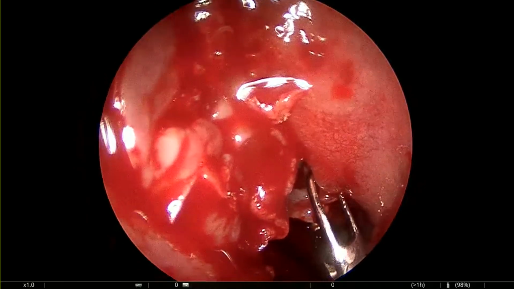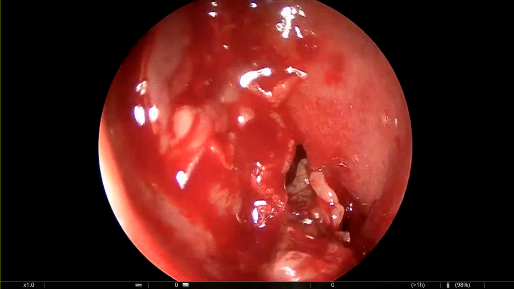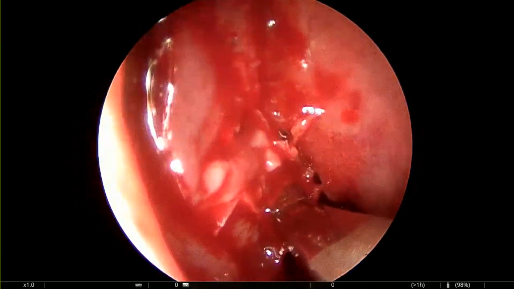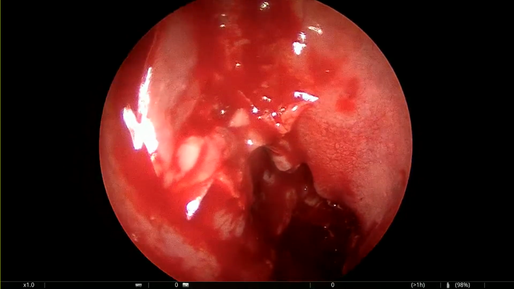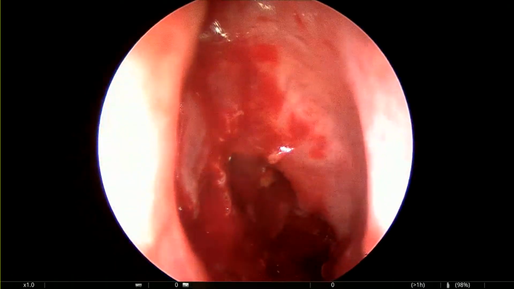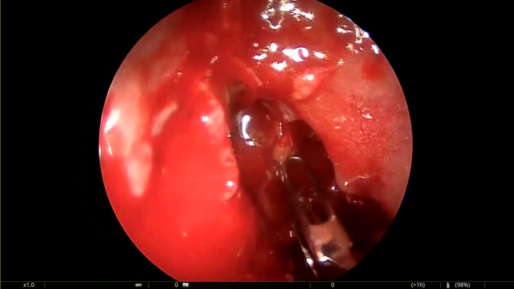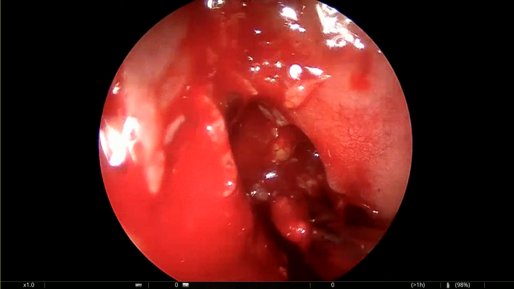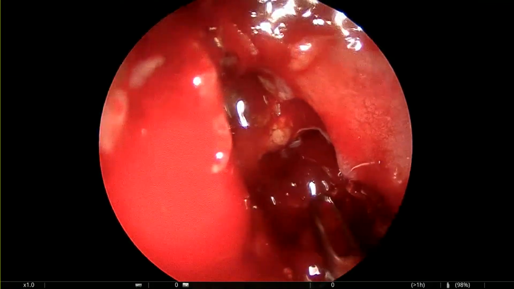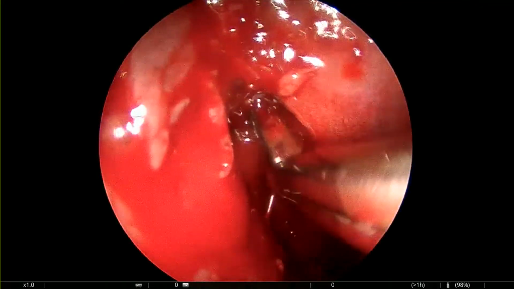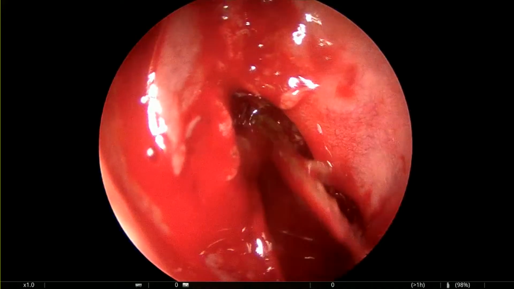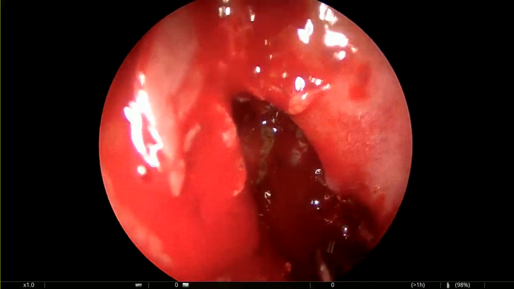And of course, it remains some inflammation inside. Yes, it remains some mucin inside.